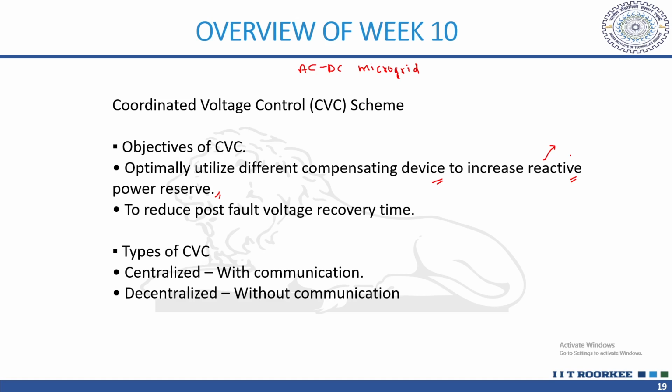True. But a reserve means we are not utilizing this power, right? Q reserve basically means that if I have some QG max, and this is the QG actual, say QG max is 50 MVAR and QG is currently 20 MVAR, then I have a reserve of 30 MVAR. So in this objective, why do we want this to be maximized?